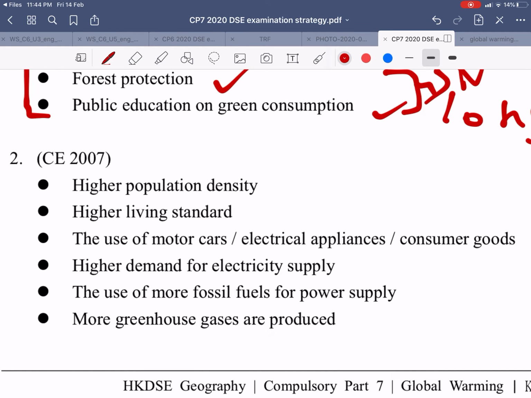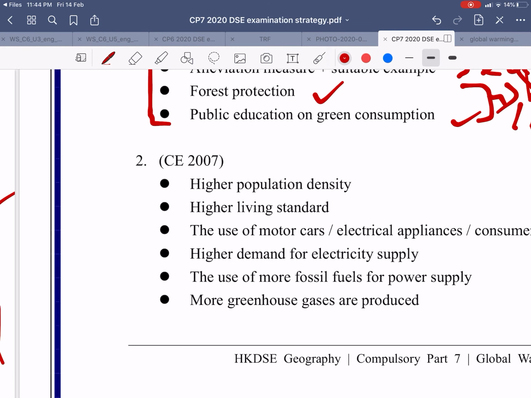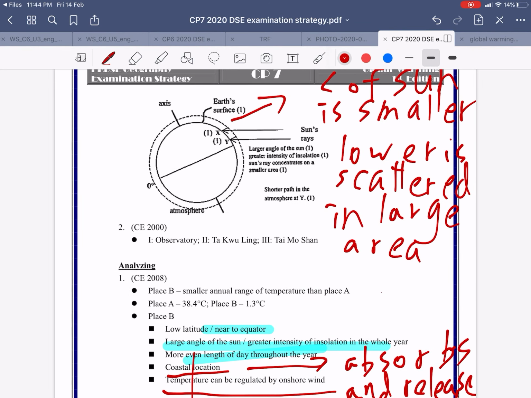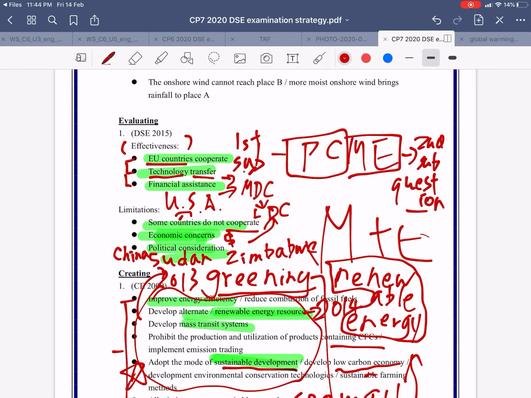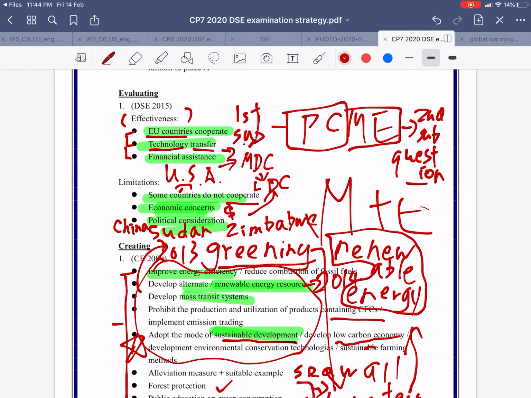Hello, is it? And then cause problem, which is about those kind of global 嗰啲最容易. This is the most easy if you want to have 6 points for the problem. For example, the increasing of the sea level, the temperature is getting higher, those kind of things. Okay, so essay for the global warming. As I've told you before, CP5 is one of the good essay type topic.